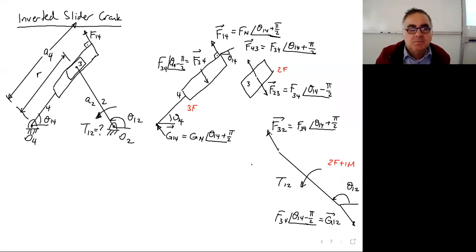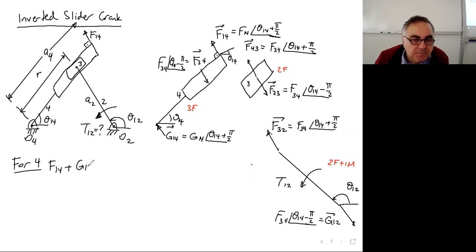Let me try to finish this as quickly as possible. For the fourth link, you can write F14 plus G14 equals F34. Let's say that this is our first equation.